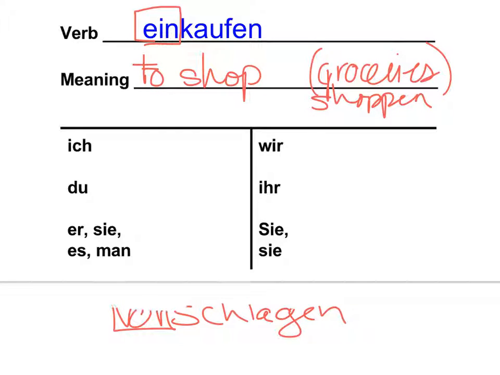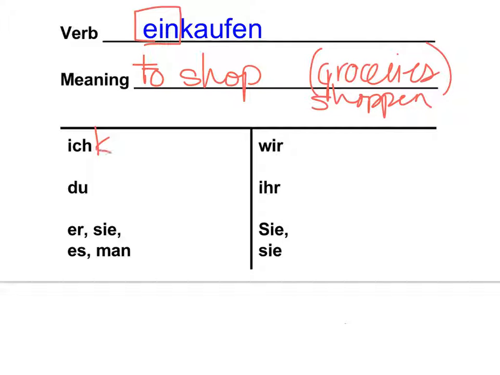So, step 1. We're going to conjugate kaufen for ich. How do you conjugate kaufen for ich? Kaufe. So you're going to do kaufe, and then either a big space, or something like that.